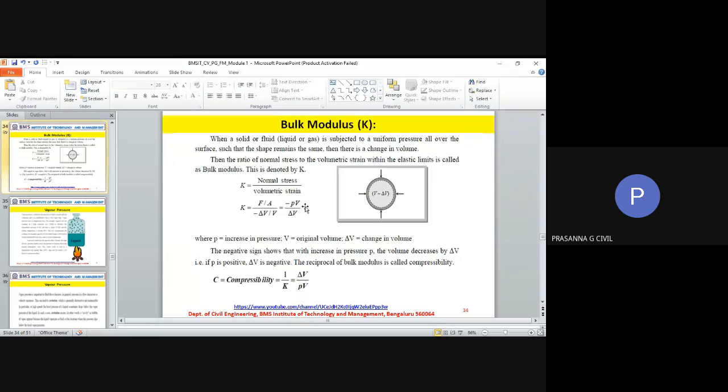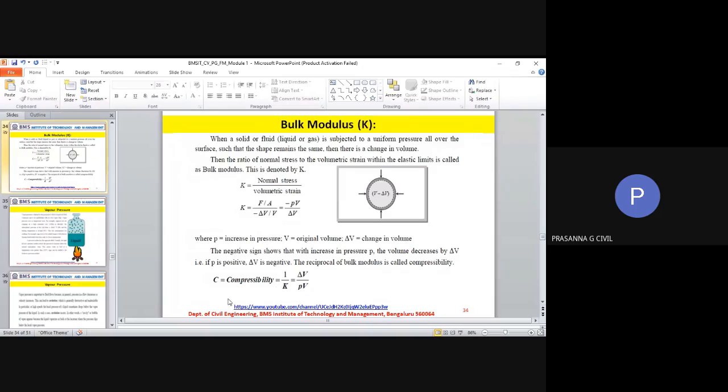Now, we have another term associated with bulk modulus, and that is called compressibility. Compressibility is the reciprocal of bulk modulus. It tells how much you can compress a particular fluid by applying pressure.